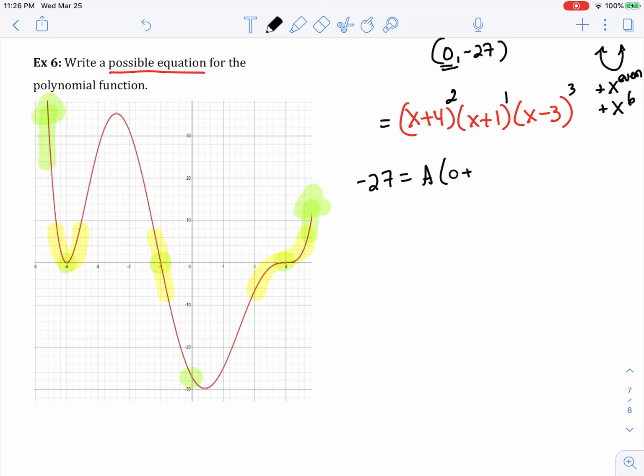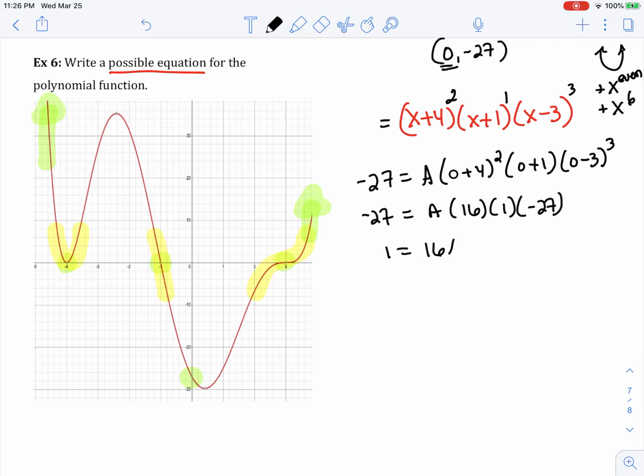So I can think of that as 0 plus 4 quantity squared, and 0 plus 1 to the first power, and 0 minus 3 cubed. So we have -27 is equal to a times 16 times 1 times -27, or we get 1 is equal to 16a, or our a term would have to be a positive 1/16.